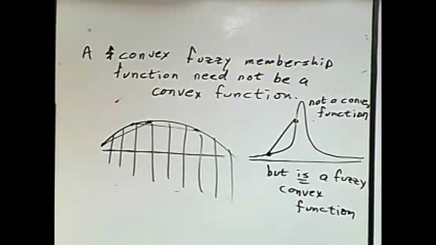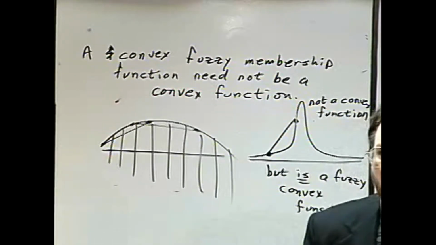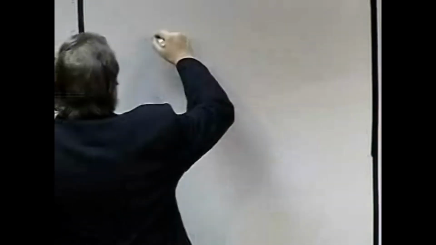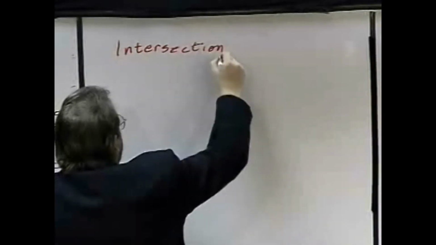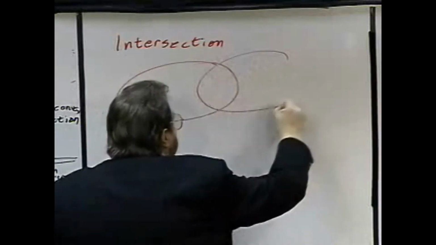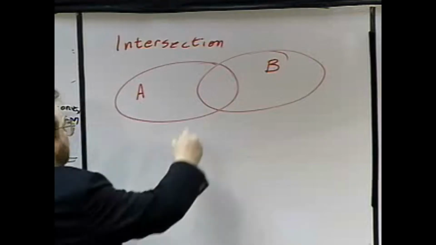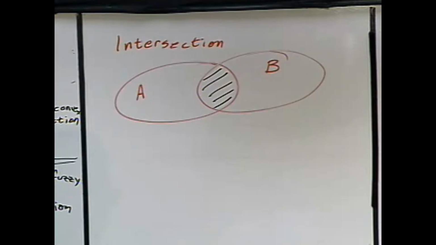If you have a crisp convex set and another crisp convex set, and you perform the intersection of the two, you always come up with an intersection which is itself a convex set. Think about that. If you take any convex set, let's call this A, and another convex set, which you call B, and we perform the intersection operation on the two, then that intersection itself is also a convex set.